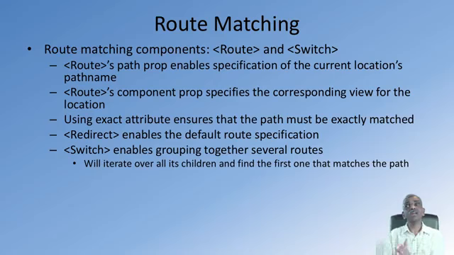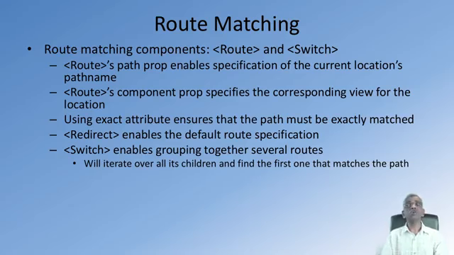So this is the URL part that will be interpreted to represent a particular view. So each view will be identified by its own URL. And the route component's prop specifies the corresponding view of the application. So we would be specifying a path and also the corresponding component to which you navigate when this path is used in the URL.